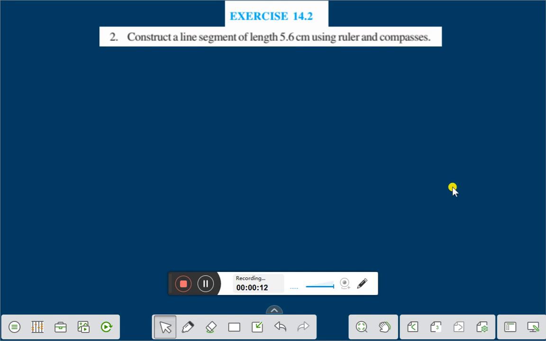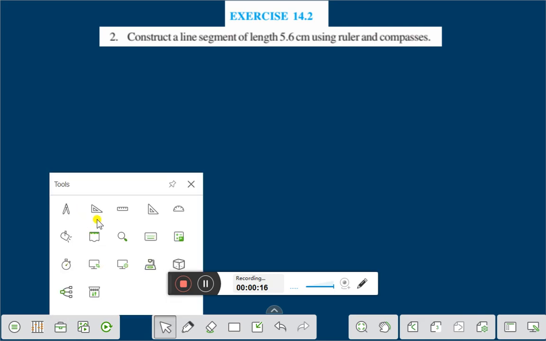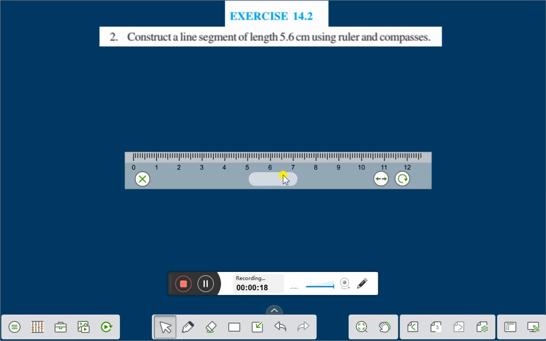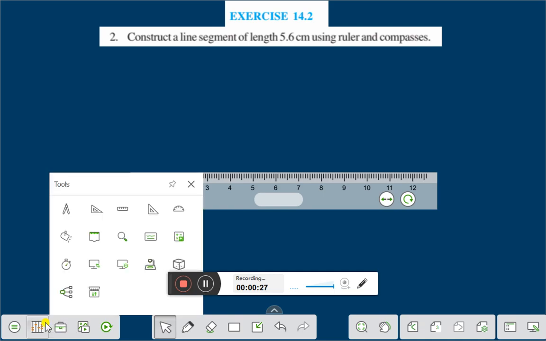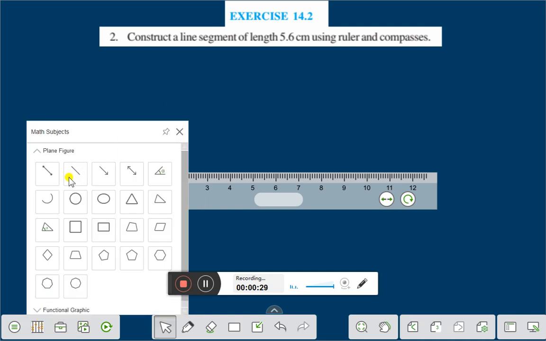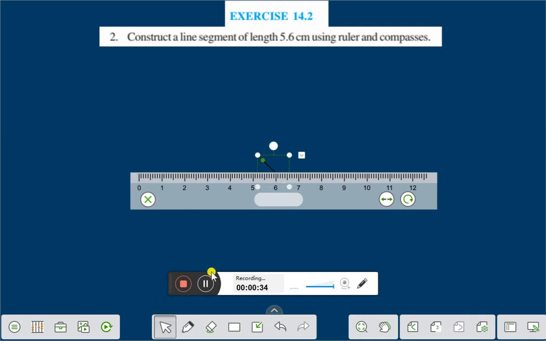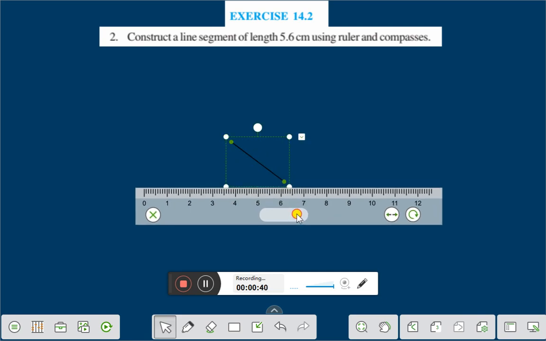Right. First of all, we'll take a ruler. This is the ruler. And first of all, we'll draw a line.